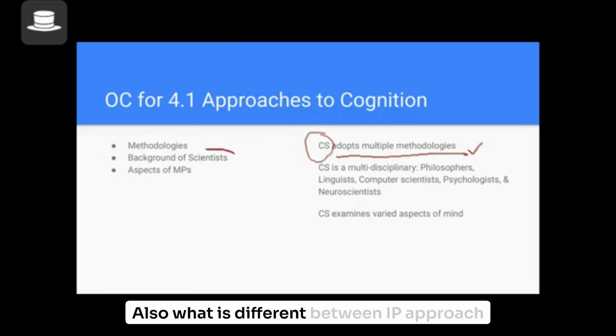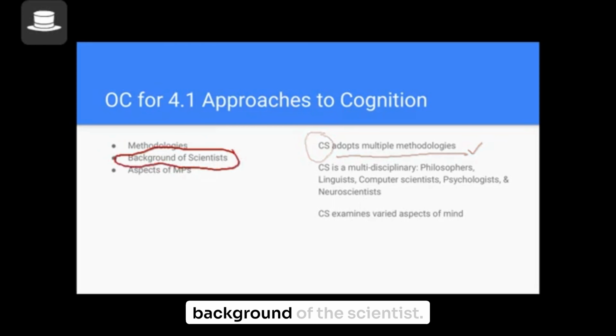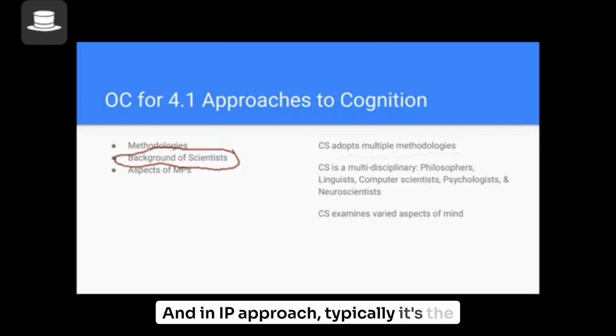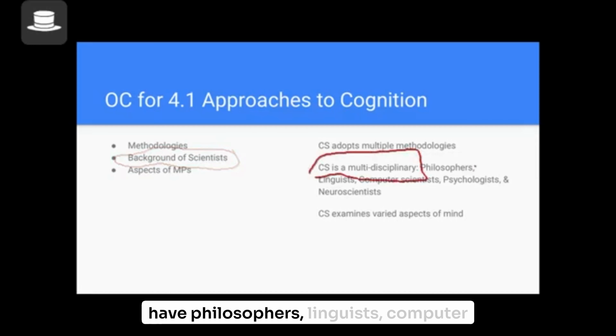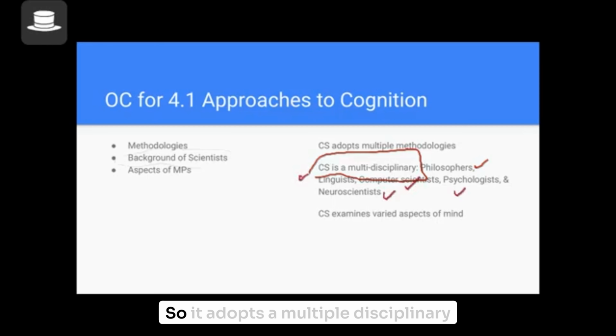Also, what is different between the IP approach and the cognitive science approach is the background of the scientist. In the IP approach, typically it's the psychologist, whereas cognitive science is a multidisciplinary approach where you have philosophers, linguists, computer scientists, psychologists, and neuroscientists.